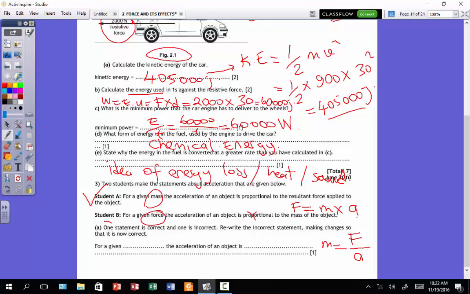For a given force, the acceleration of an object is inversely proportional to the mass of the object.